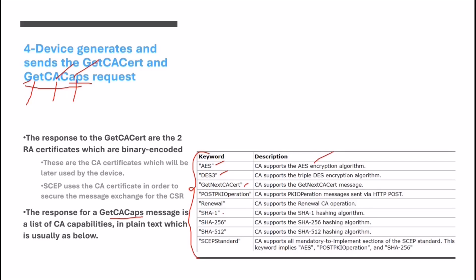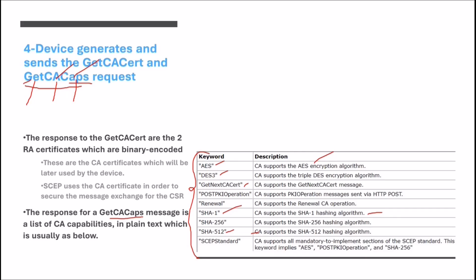Similarly, if it responds with SHA-1, it means that the CA supports SHA-1 and it can issue certificates with the SHA-1 algorithm. If it responds with SHA-512, it means that the CA supports the SHA-512 hashing algorithm. That is first. So until now, we have understood what get CA caps is and why it is needed.